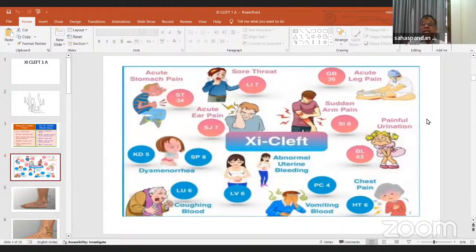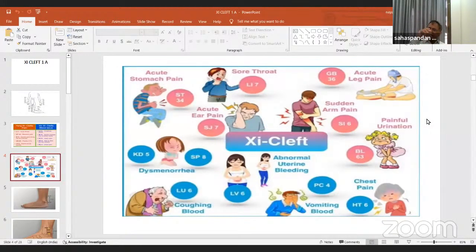See, there are points where the chi of the channel gathers and are used mostly in acute patterns, especially when there is pain. So they are primarily indicated for channel problems and are mostly used for excess patterns.